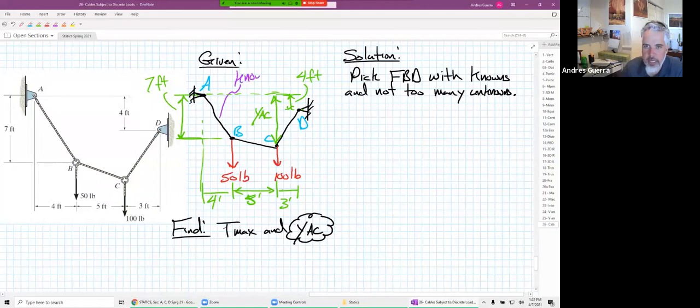A to B has a known slope in our given information. B to C does not have a known slope because we don't know Y from A to C. C to D also does not have a known slope because we don't know the vertical distance from D to C. So our only known slope is from A to B right there.